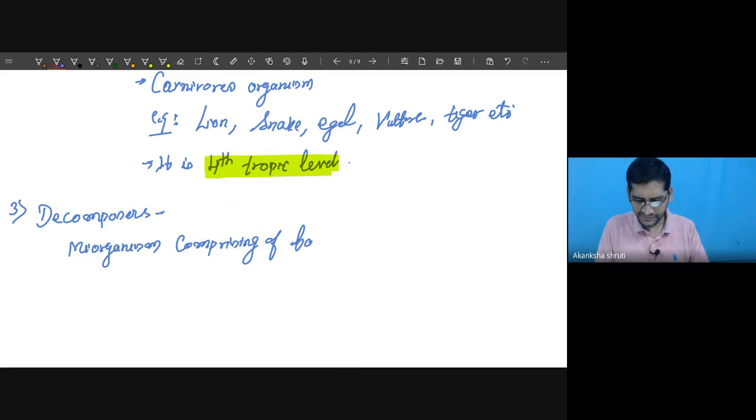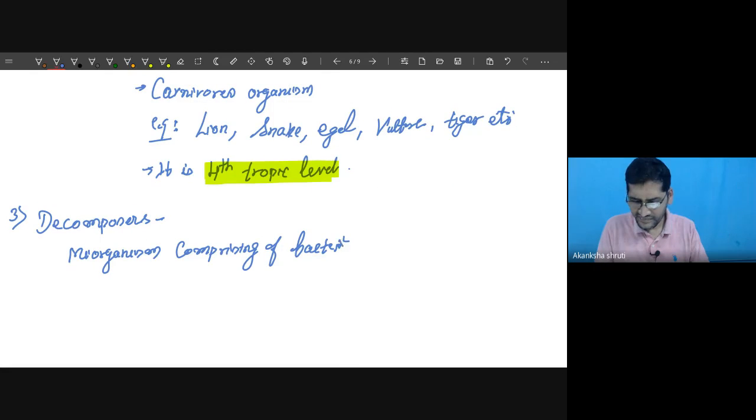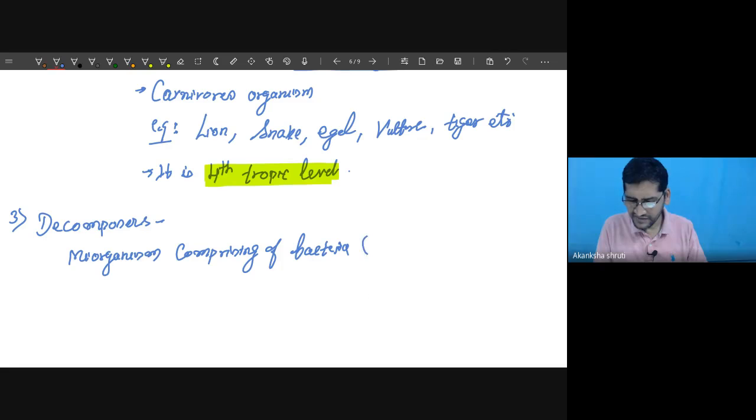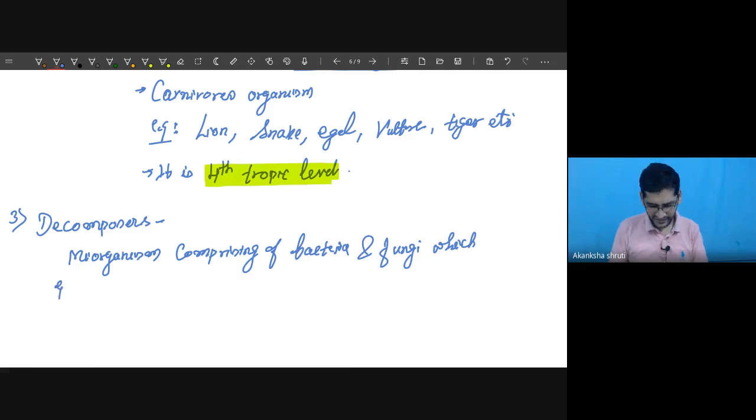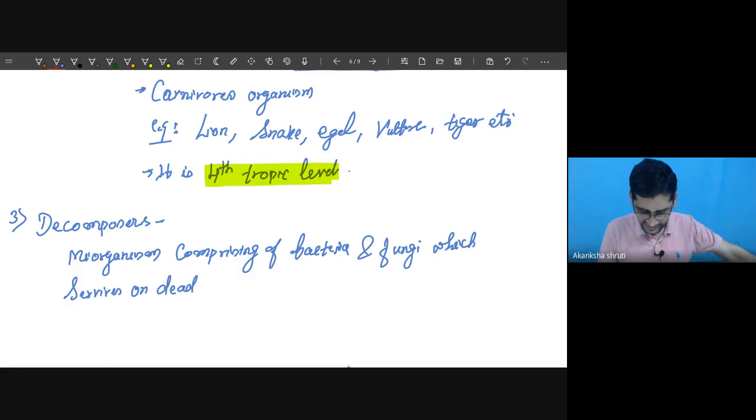certain bacteria, maybe fungi, algae also, bacteria and fungi, which survive on dead and decayed organisms.